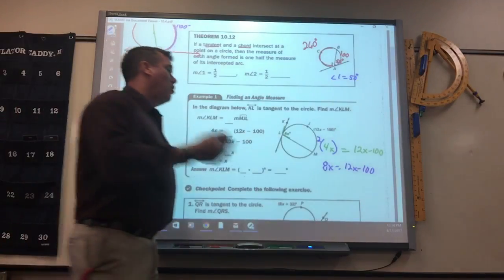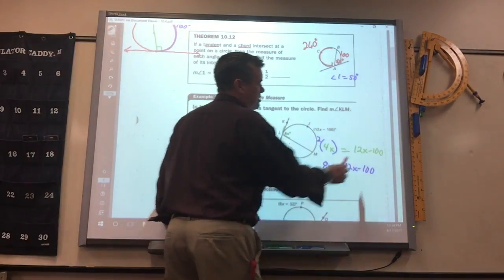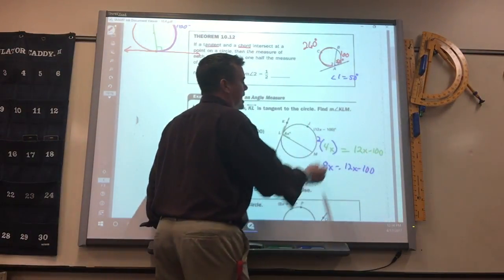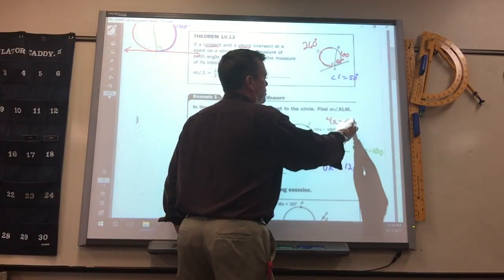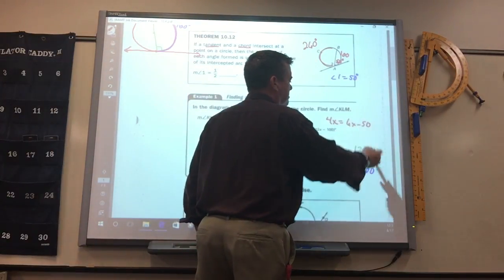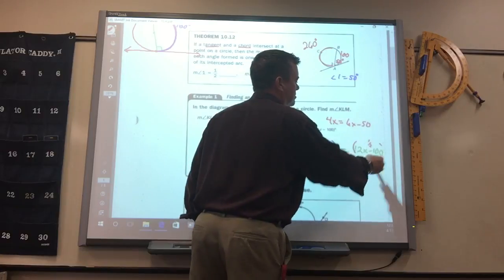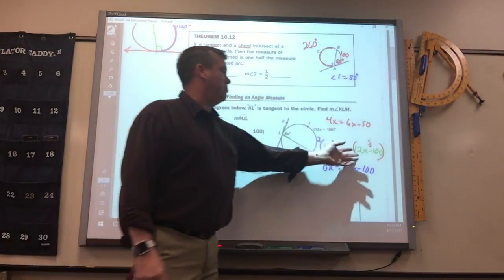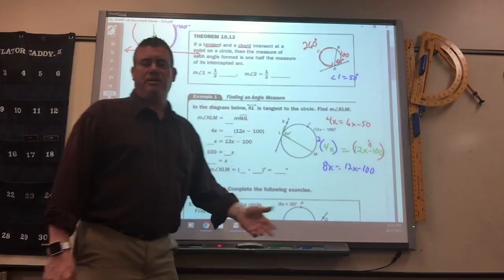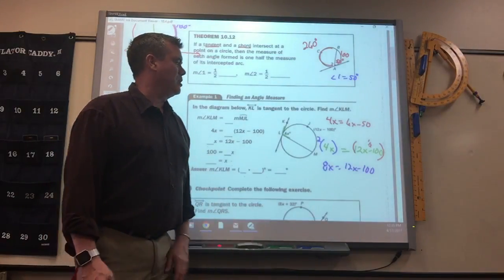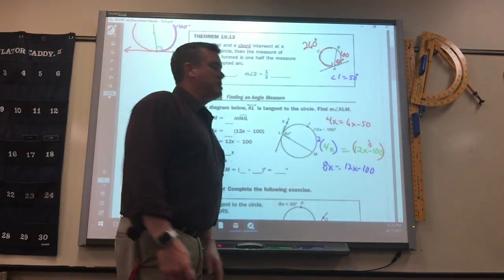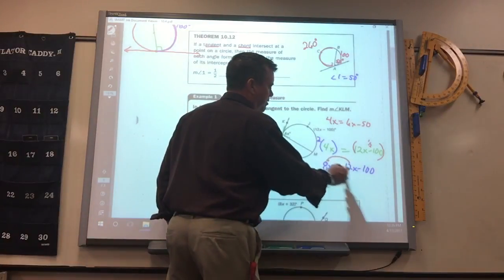So if you double this, then it's equal to the arc. Or what you can do, and this only works if these are even numbers, you could cut that in half. 4x equals 6x minus 50. Cut this in half. Okay? Like I said, if these were odd numbers, then you'd get a decimal, then it's not real easy to do that. Whichever one you do, you're going to get the same answer. I got to move this over.